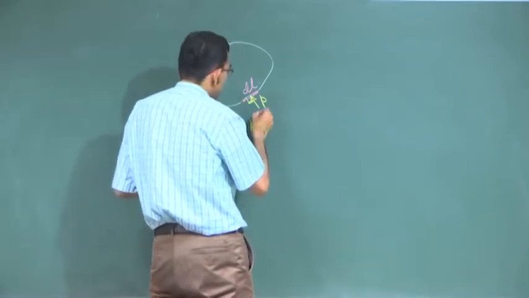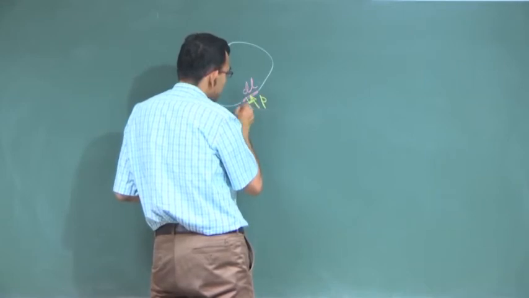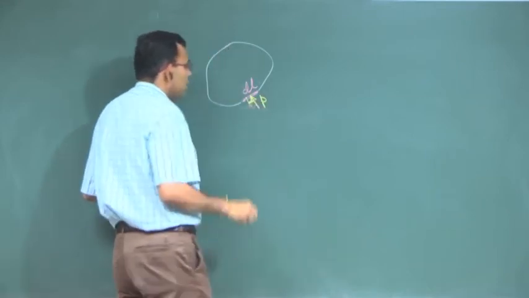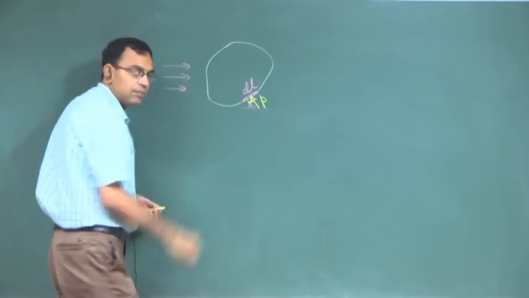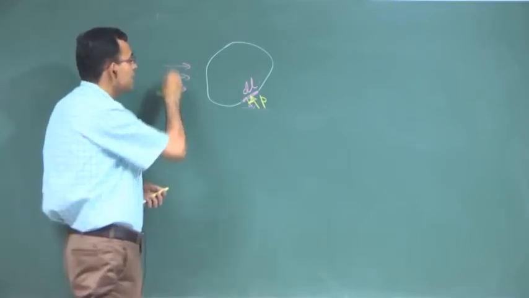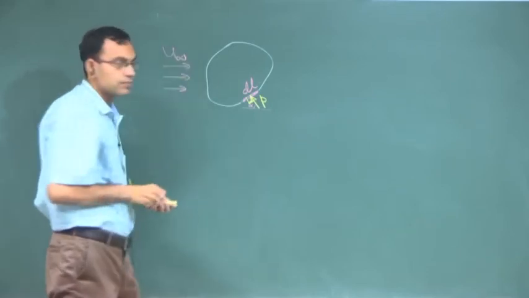Let us say that this pressure P makes an angle alpha with the horizontal line along which this incipient flow is taking place. U infinity is coming from the free stream.